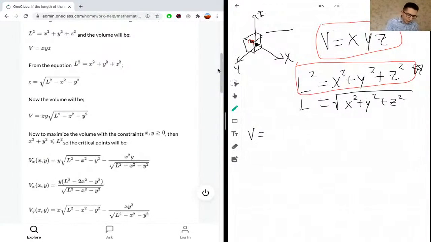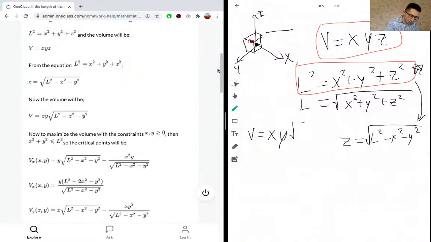If we rearrange it, this would give us z equals L squared minus x squared minus y squared, all square rooted. So here we'd have x times y, and then z is this value right here. So it would be the square root of L squared minus x squared minus y squared. I'm just going to draw a line so you can see that these are different.